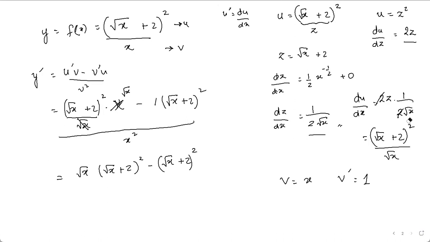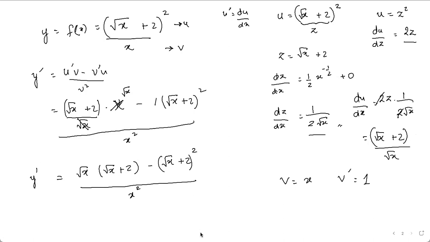This is z and z is just root x plus 2. So I should take away the square here. Over x squared. This is my dy/dx or y prime.